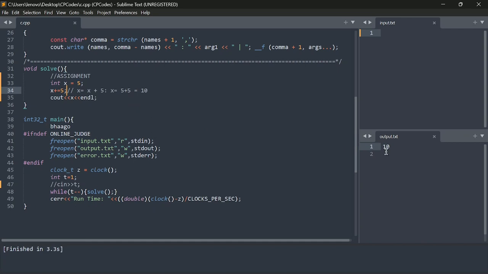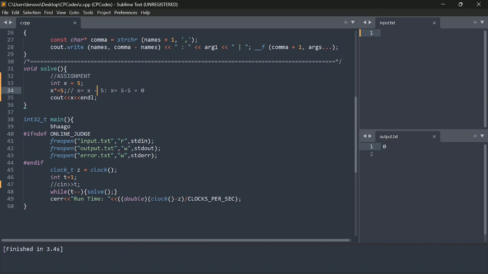I hope you are clear with this operator. What if I do subtraction? I'm expecting it to be 0, because x minus 5 means 5 minus 5, which is 0. And what if I do the multiplication?